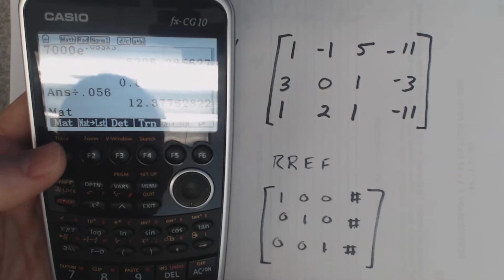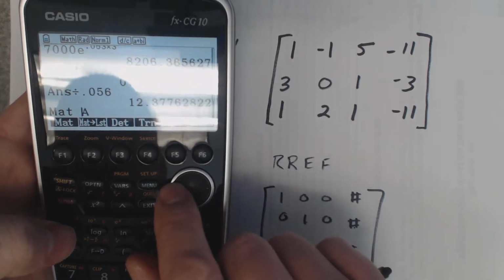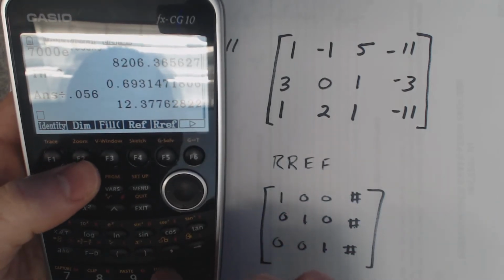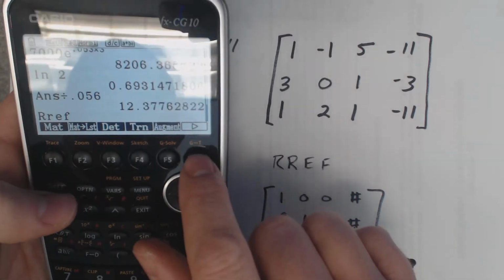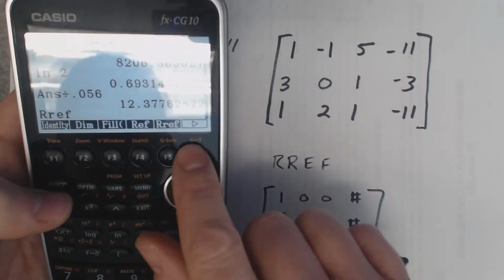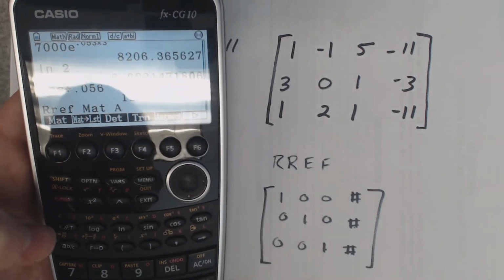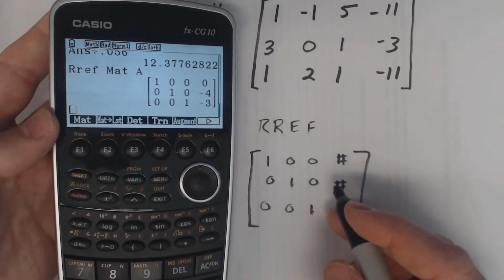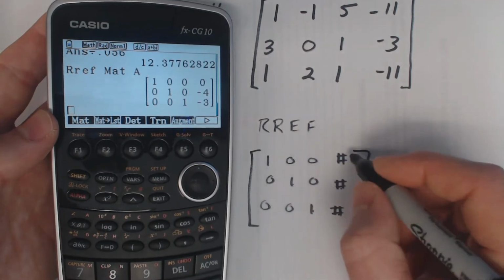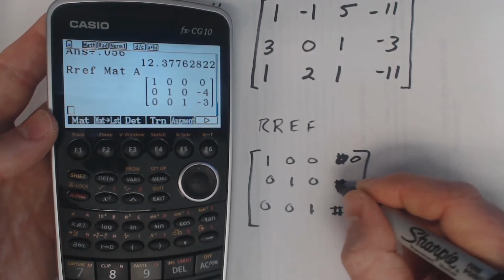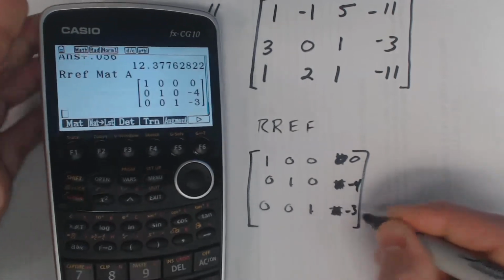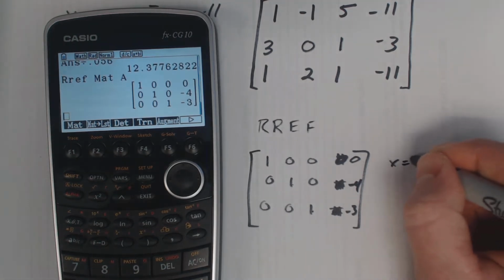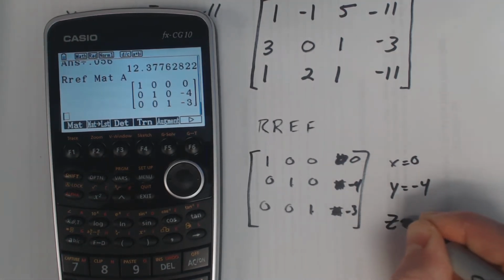Okay, I want to take matrix A. Oh wait, I want to find the RREF of matrix A. And I wind up with a matrix, looks like that. My numbers are 0, -4, and -3. That's my answer. X equals 0, y equals -4, z equals -3.